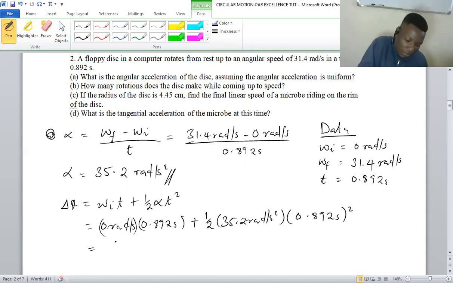The first part is going to give us 0, because anything multiplied by 0 gives 0. The other part is going to give us 14 rad.